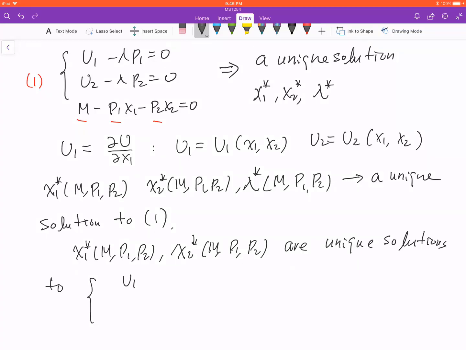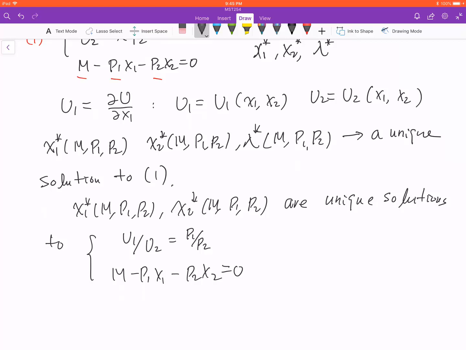One is u1 over u2 is equal to p1 over p2. We divide the first two equations, and that's what we have. And the second one, we have m minus p1 x1 minus p2 x2 is equal to 0.